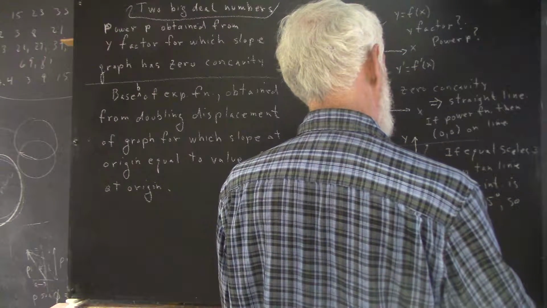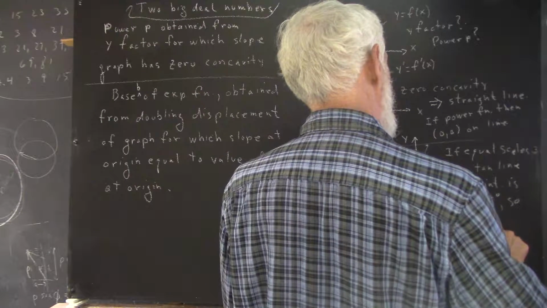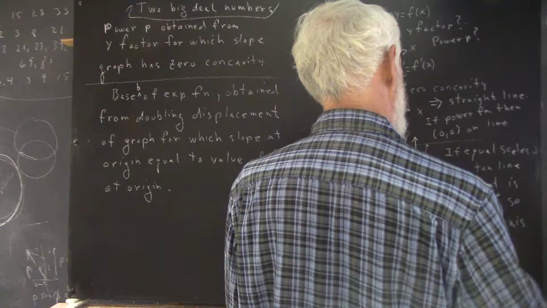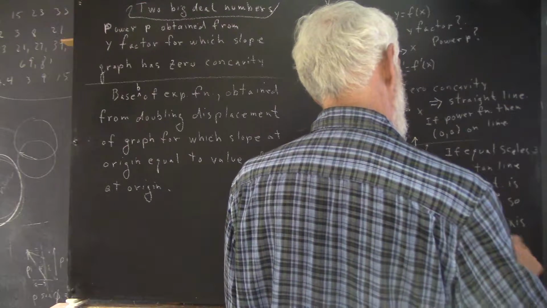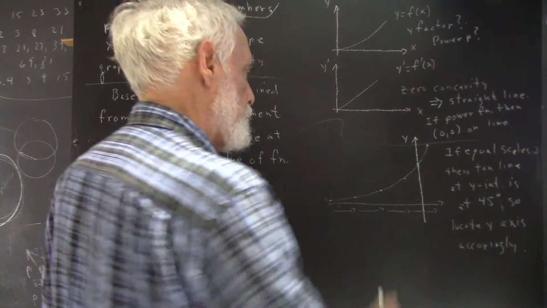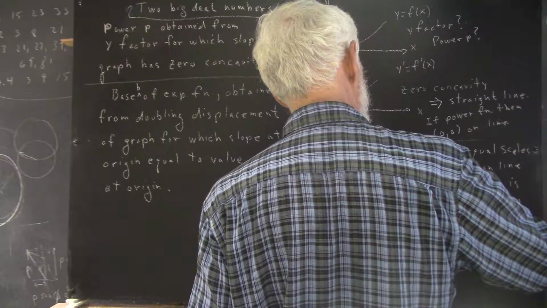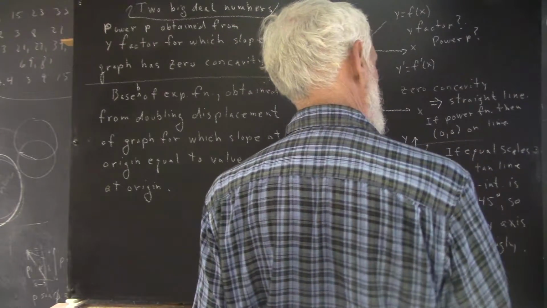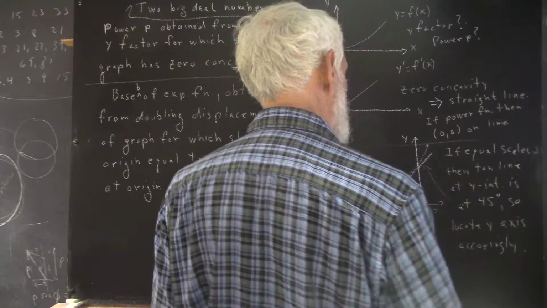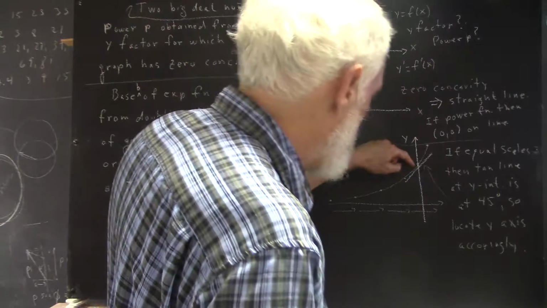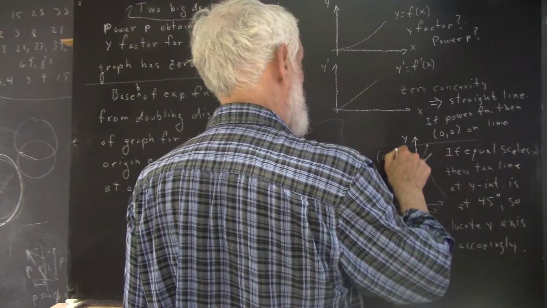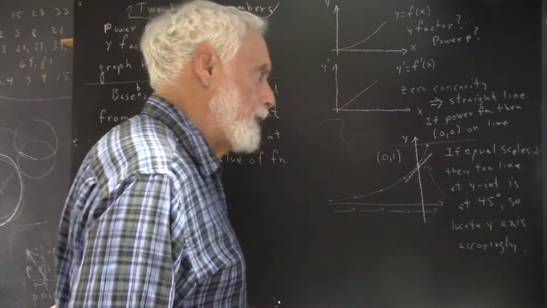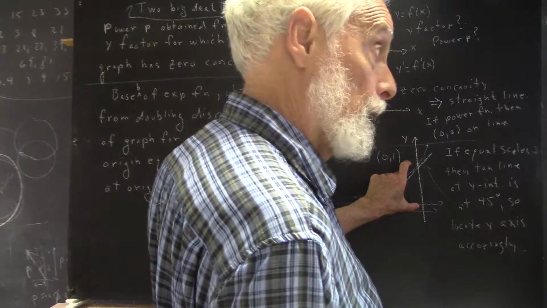So locate the y-axis accordingly. So right here, the tangent line's at 45 degrees. So the y-axis has to be here. Now, this point has to be 0, 1, which means that 1 is this big.